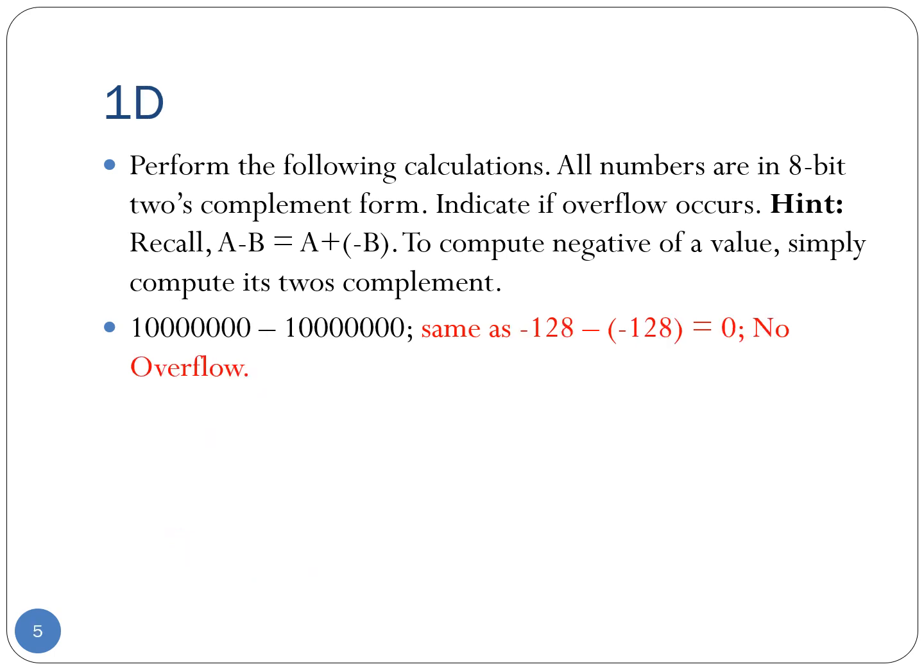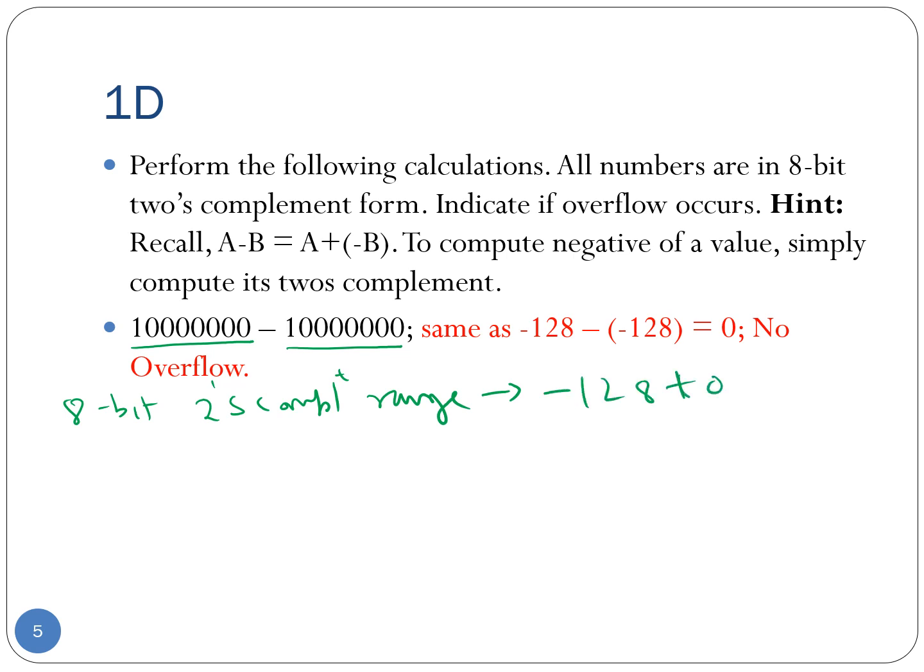This question is basically asking us to do minus 128 minus of 128. Okay, so both of these are negative 128. Now recall that the 8-bit 2's complement range is minus 128 to plus 127, and therefore the negative or 2's complement of minus 128, which is 128, is out of this range.